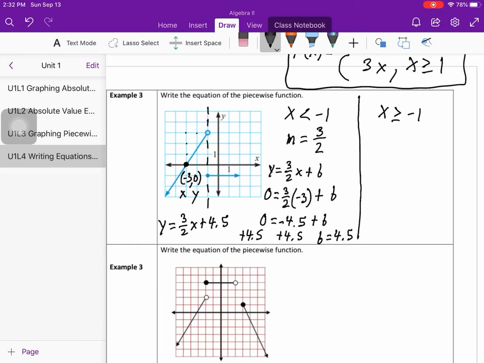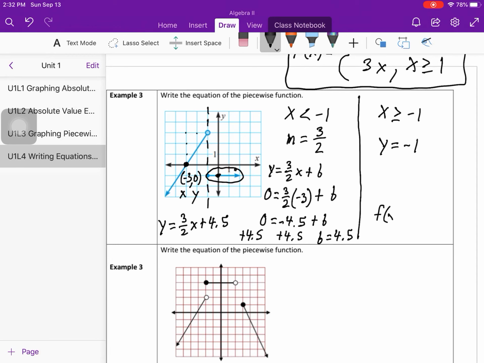Now the right side, if you look, this is just a perfectly flat line. So that's really nice. Since it's a flat line, it's going to be a y equals equation. And all that we need to figure out is what is the numerical value that it goes through. And that's at -1. So y equals -1 is going to be the equation on the other side.